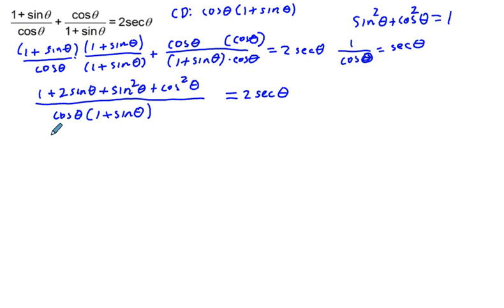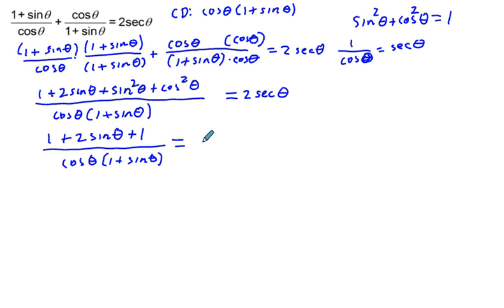So we put 1 plus 2 sine theta plus 1 over cosine theta times quantity 1 plus sine theta. And of course, that's going to be equal to 2 secant theta.